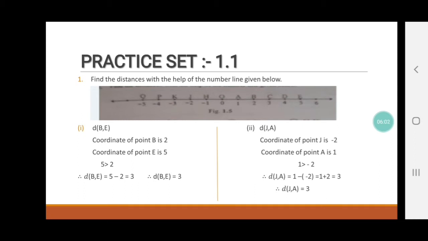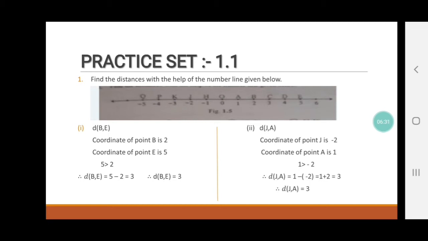Here we move on. Coordinate minus 1 is represented by point H, J is representing minus 2, K is representing minus 3, P is representing minus 4 and Q is representing minus 5.